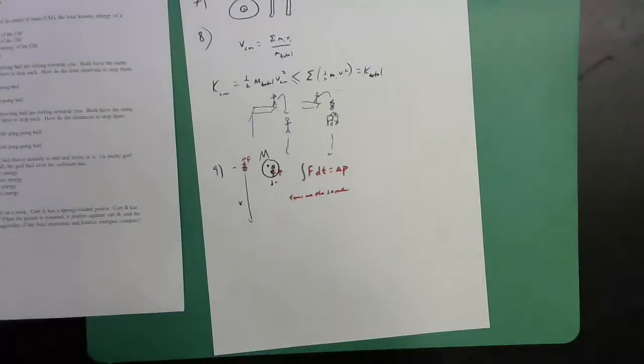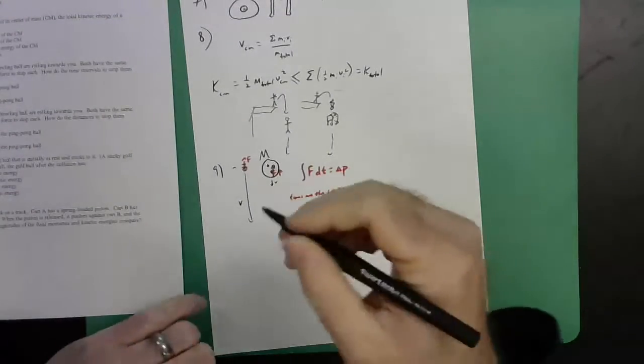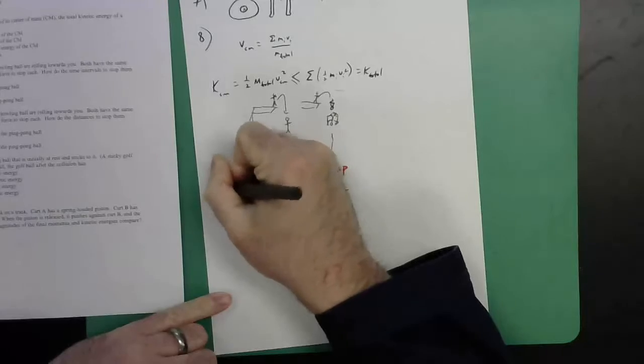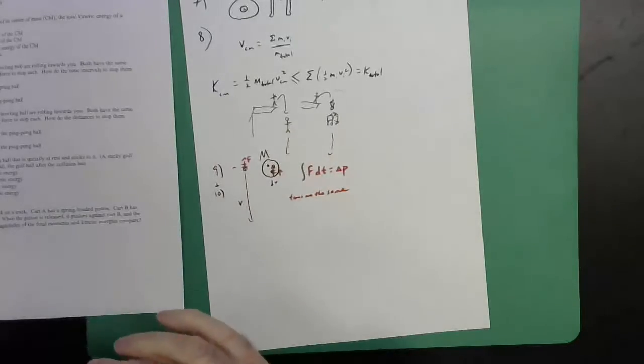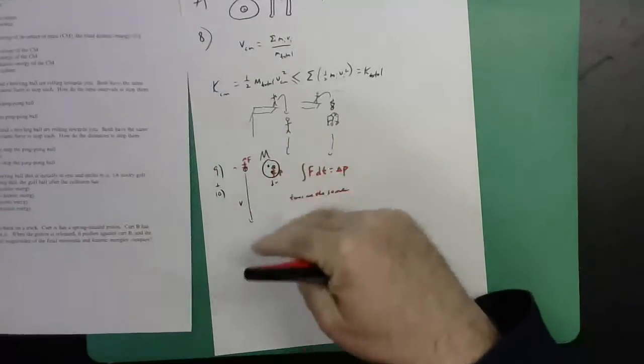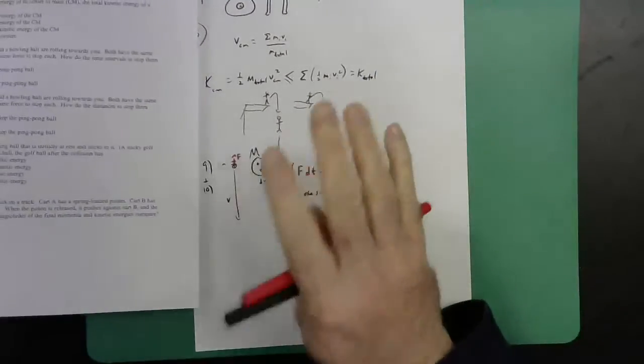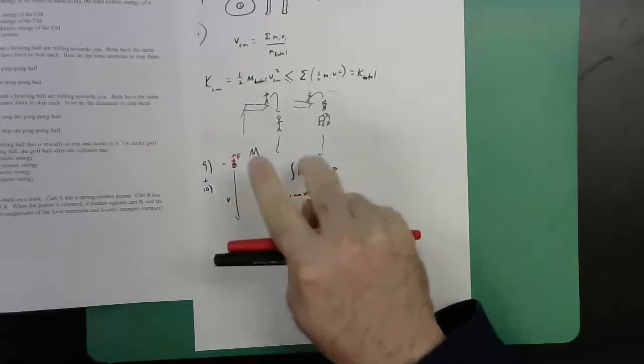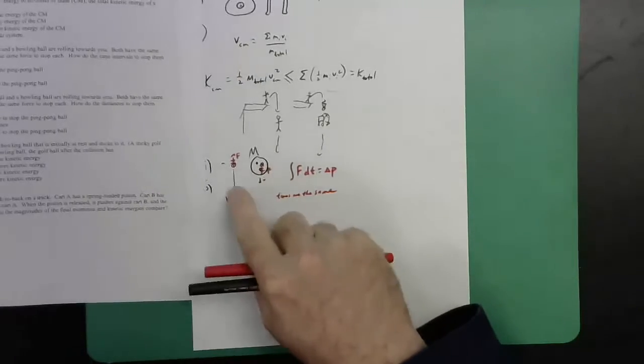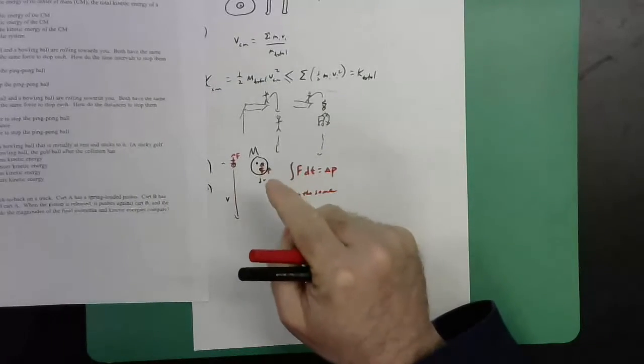Okay, question 10. We're going to do 9 and 10, and I'll use the same sketch for both. Same setup: ping pong ball and bowling ball going towards you, identical momenta, very different speeds. You're going to apply the same force to both to stop them.